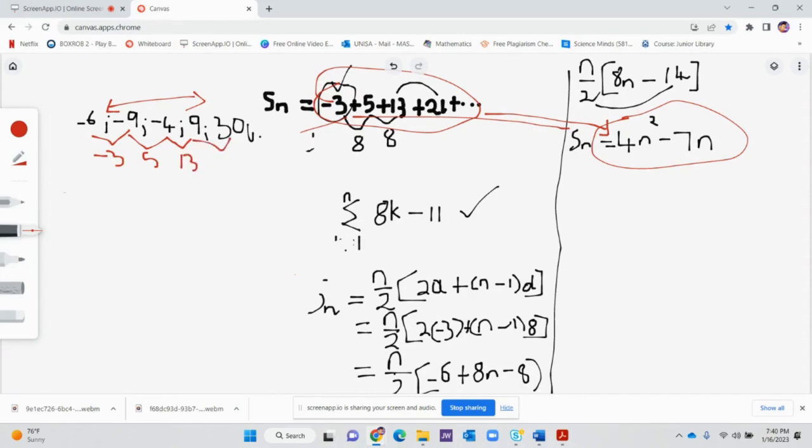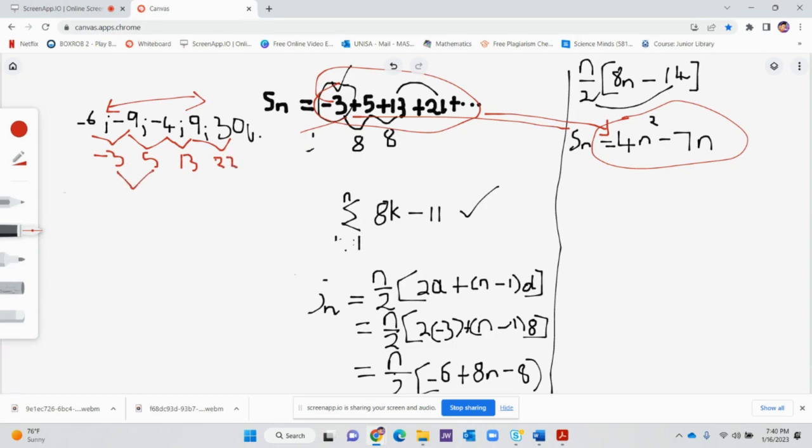And lastly, we will have 30 minus 9, which is equal to 21. So there is no constant difference. Obviously, if you take term 2 divided by term 1, it won't be equal to term 3 divided by term 2. So it's not ratios.